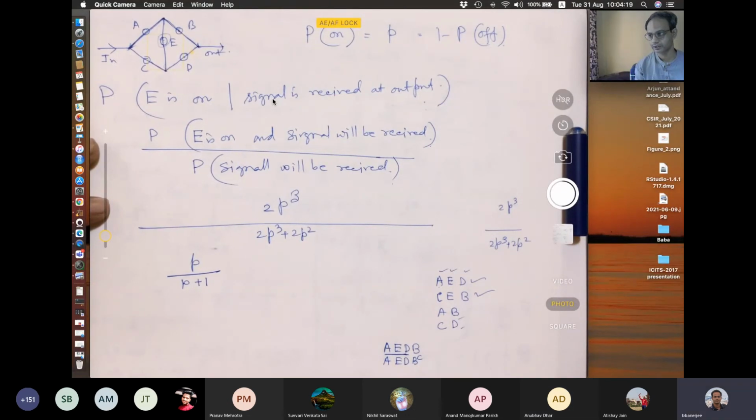It doesn't matter. It can go by both of them, and if you add these two probabilities, you will get the probability of AED, right?